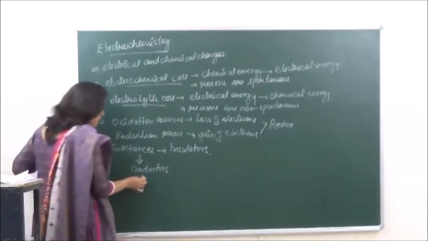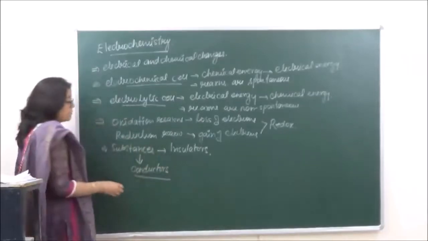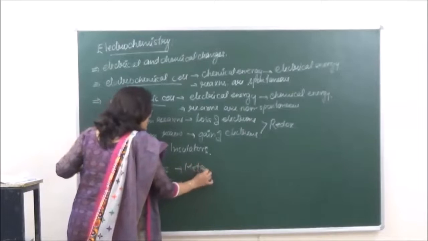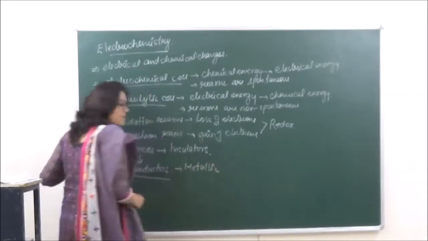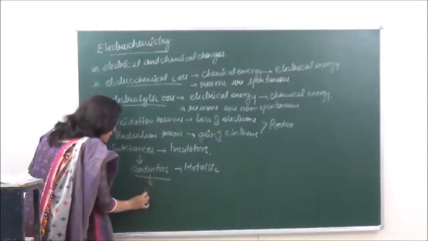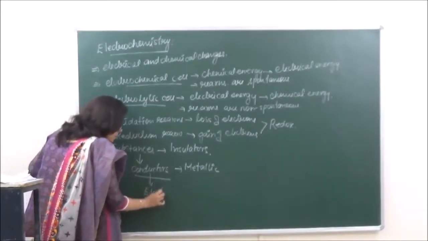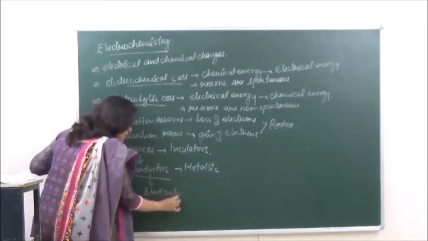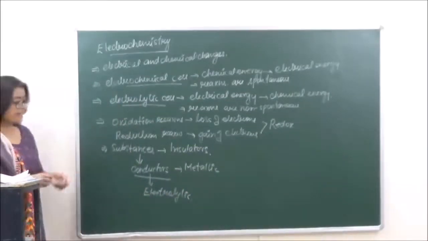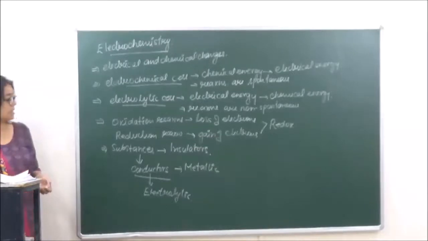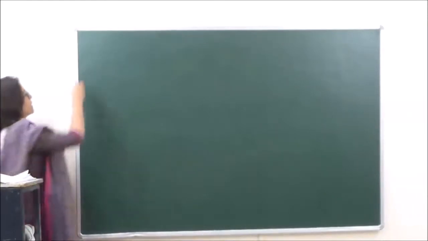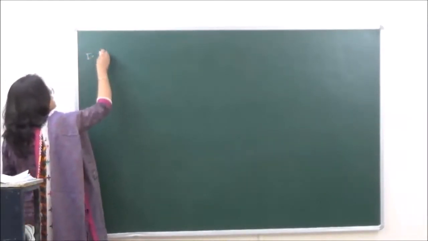Conductors are further classified into two. The first type of conductors are known as metallic conductors, and the second type are known as electrolytic conductors, right? So let's understand both types of conductors in detail. Let's go on to the first type of conductors which we will discuss.